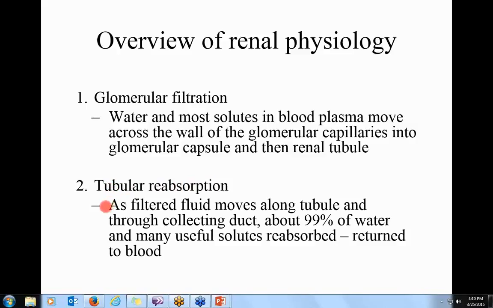The fluid moves along the tubule and is reabsorbed back into the blood. You'll notice here 99% of what is filtered in the glomerular capsule is reabsorbed in tubular reabsorption.